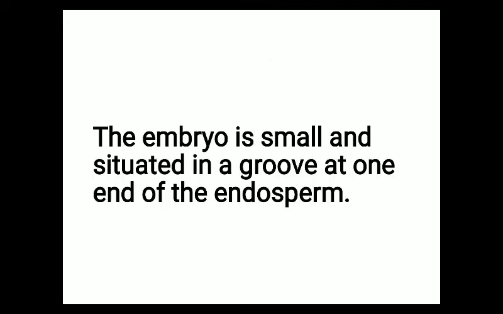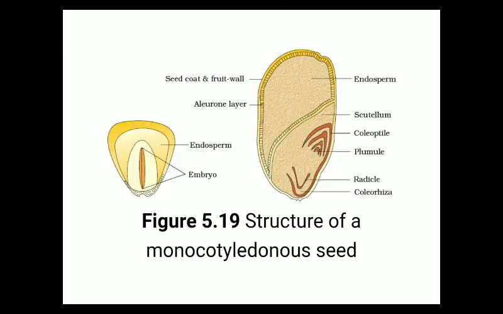The embryo is small and situated in a groove at one end of the endosperm. So what is the location of this embryo? This embryo is situated in a groove-like structure. So this is the embryo.